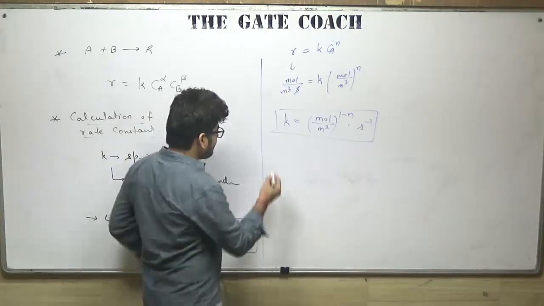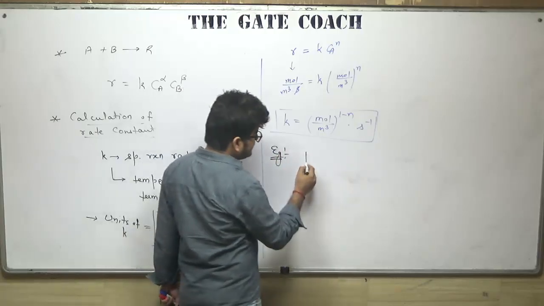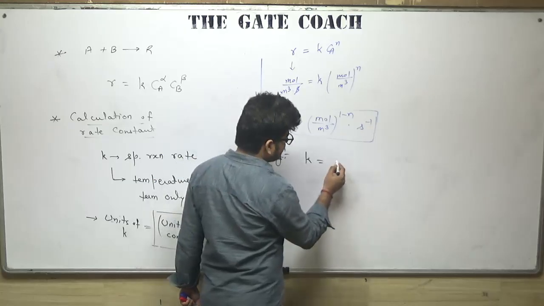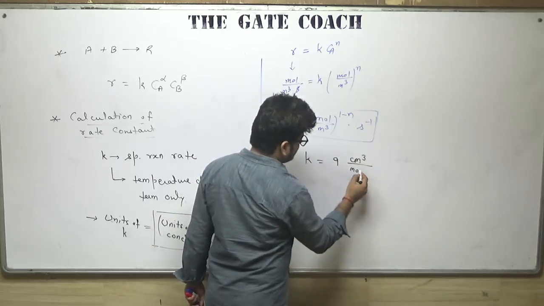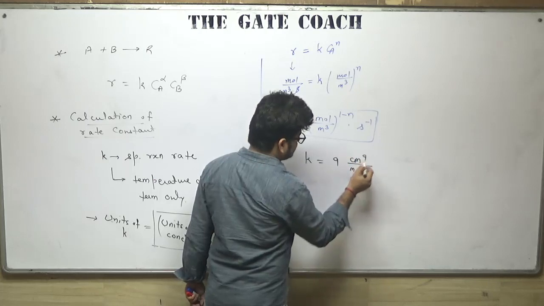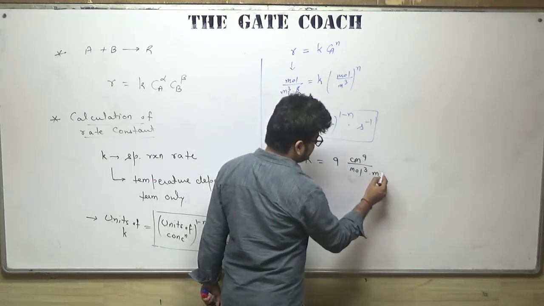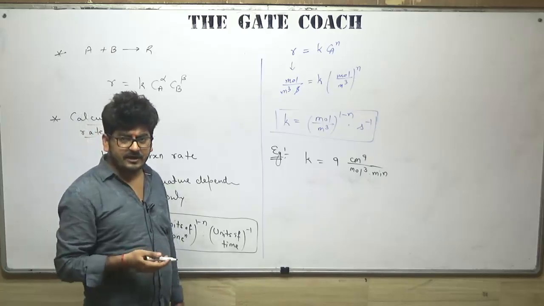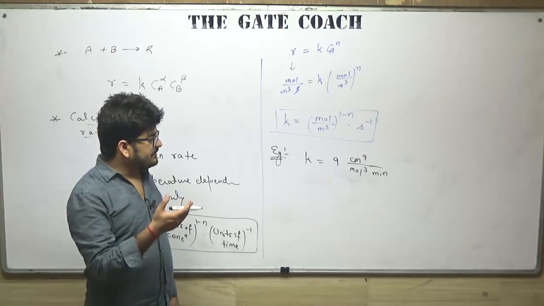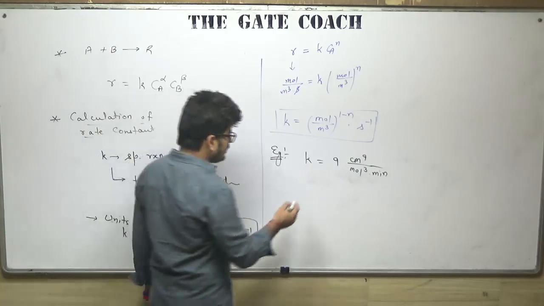For example, for any chemical reaction, let's say the rate constant K is given as 9 centimeter power 9 per mole cube per minute. Then what will be the overall order of the reaction?